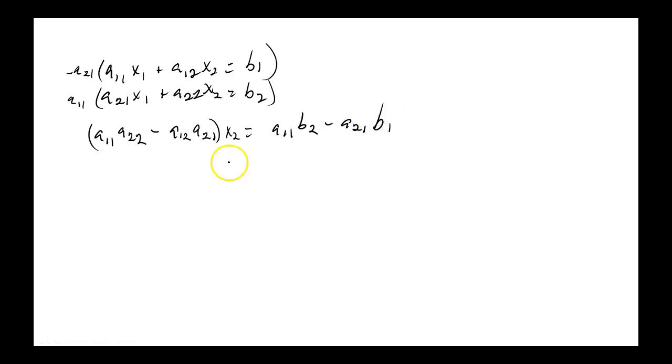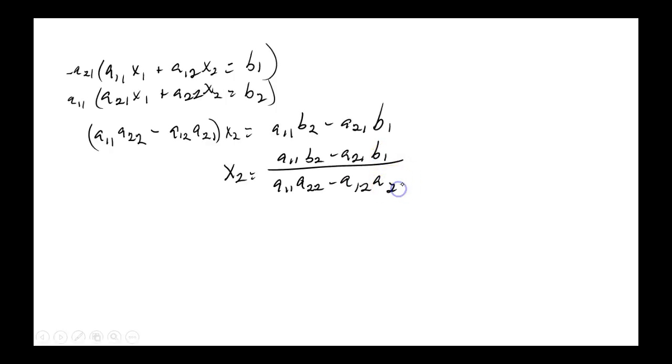And x2 would equal A11 B2 minus A21 B1, divided by A11 A22 minus A12 A21.